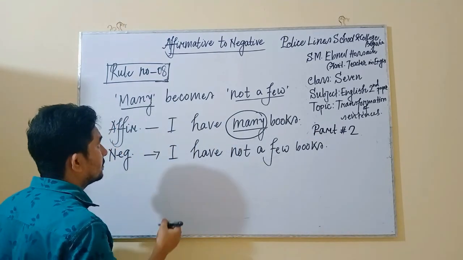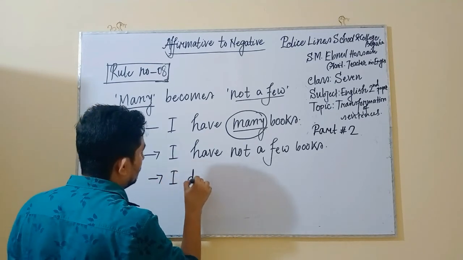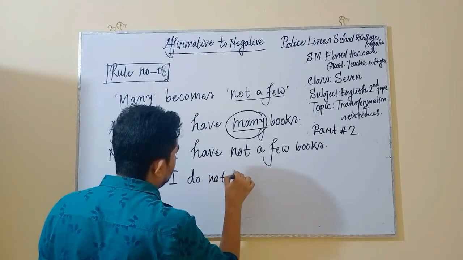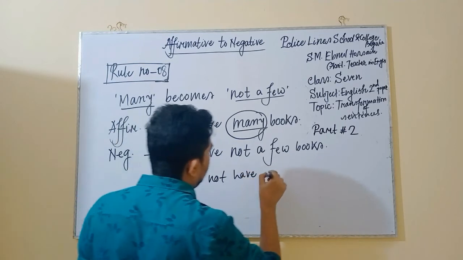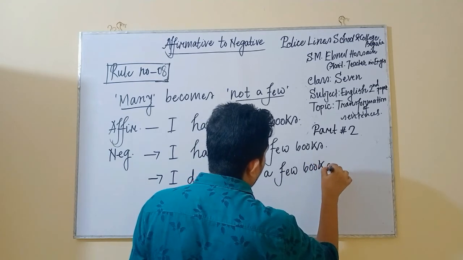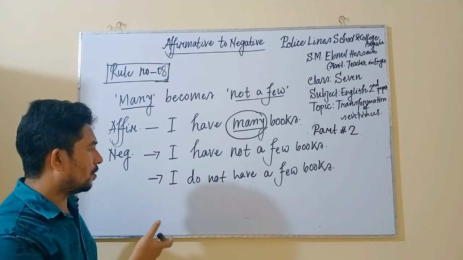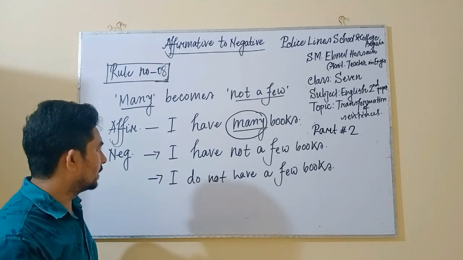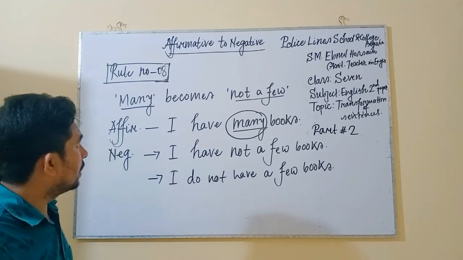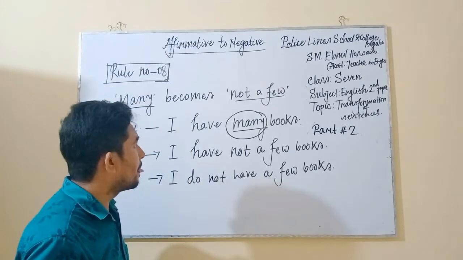We can change these sentences in this way, and another way: I do not have few books. So these are the alternative methods. We can change this type of sentences into negative ones. So you have to practice the rules again and again and frequently.